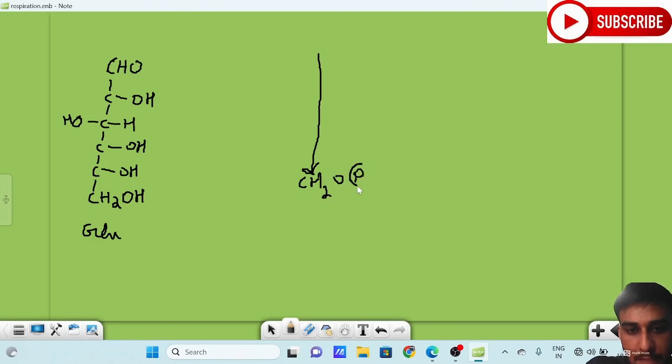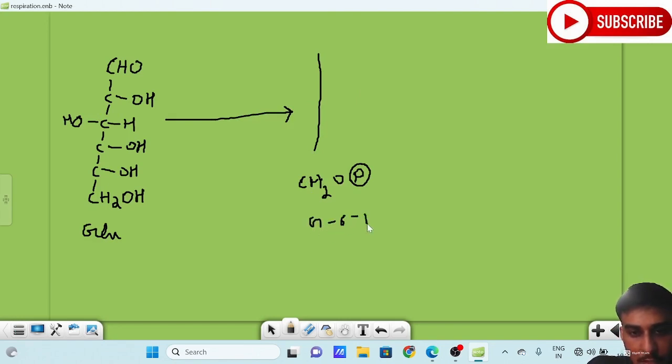P means a phosphate group is there. You should write the structures till here, which means CHO, C, C, C, C, and CH2OP. You should write it; I am not drawing it here. Look, this is known as glucose 6 phosphate.